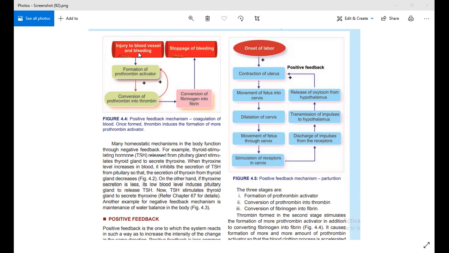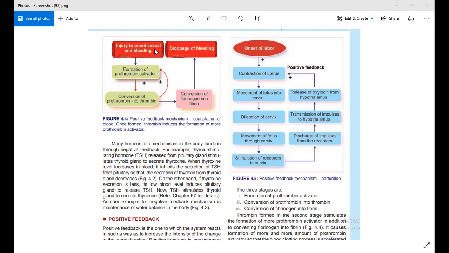And what happens is that there is the formation of prothrombin activator. In pathophysiology, I'm going to teach you the process of blood clotting and all the clotting factors. There are about 12 main blood clotting factors, which I'll teach you later. But one of the things that happen is that there is a formation of what we call prothrombin activator.